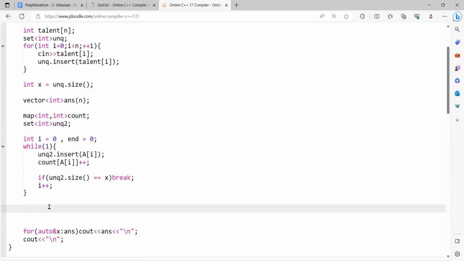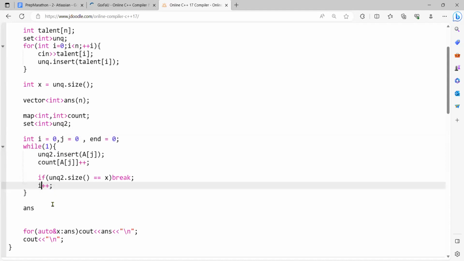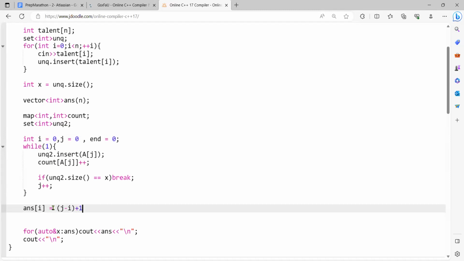Now what is the number of students that I have taken till now? So the answer. I need j, so I'm moving j here, and for the ith index, i is my starting index. So answer of i is equal to j minus i plus 1.